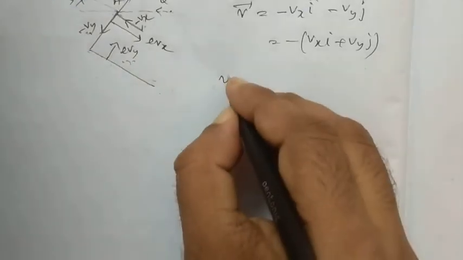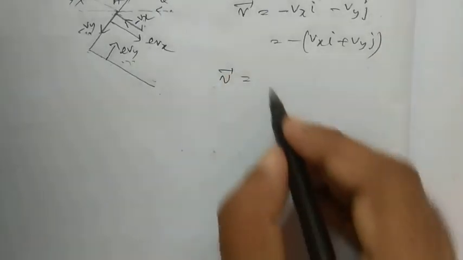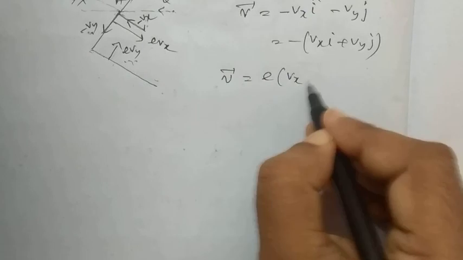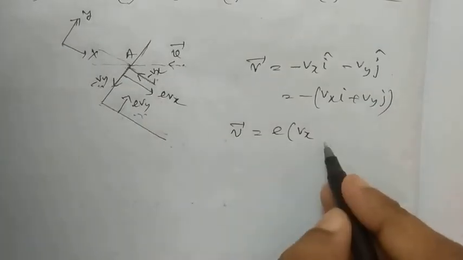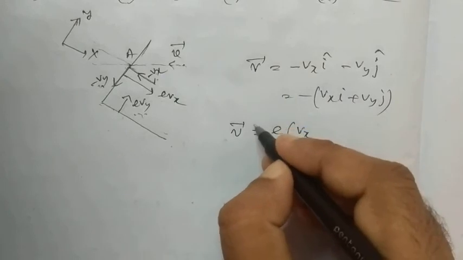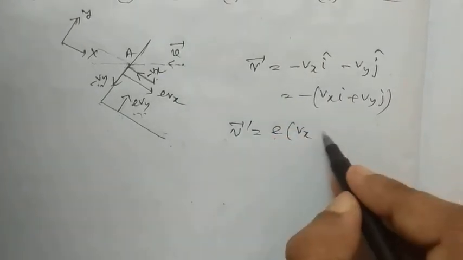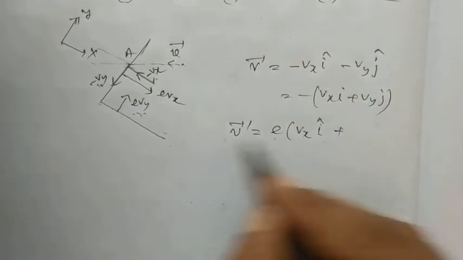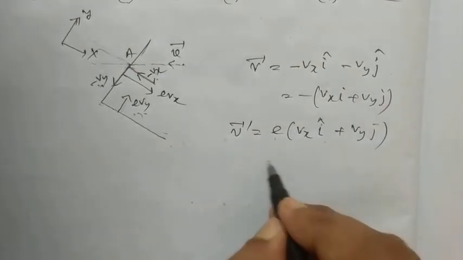So the return velocity, V dash, will be eVx i and eVy j.